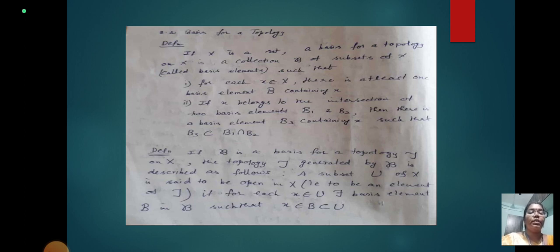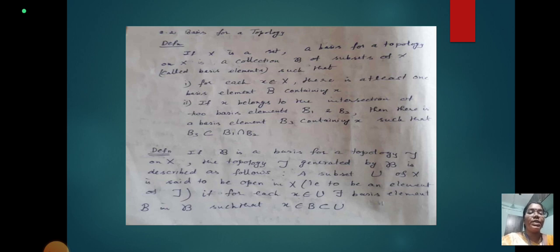Second condition, if small x belongs to capital X, and it also belongs to the intersection of two basis elements B1 and B2, then there is a basis element B3 belongs to script B containing x, such that this B3 is a subset of B1 intersection B2.